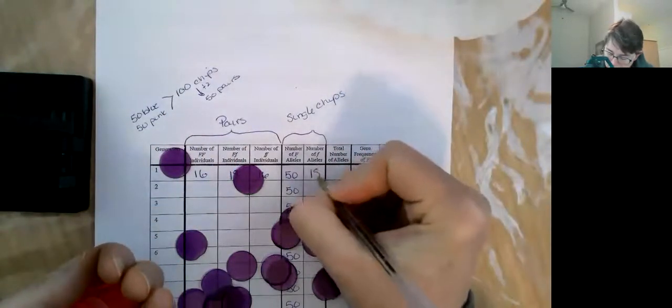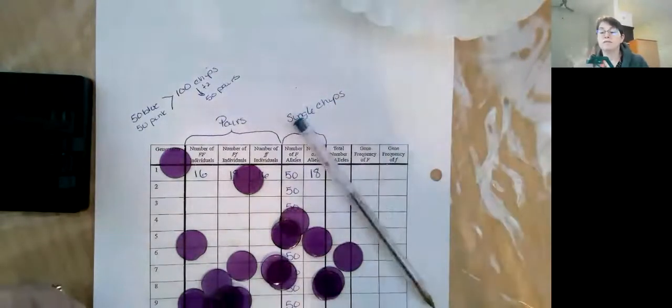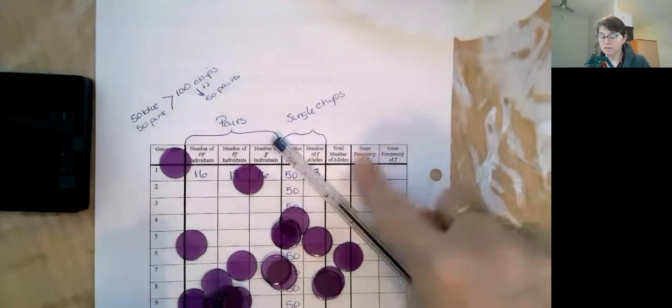So that goes in here. And what I would suggest is actually we're going to do the first 5 columns first, and then I'll talk and we'll do some here.